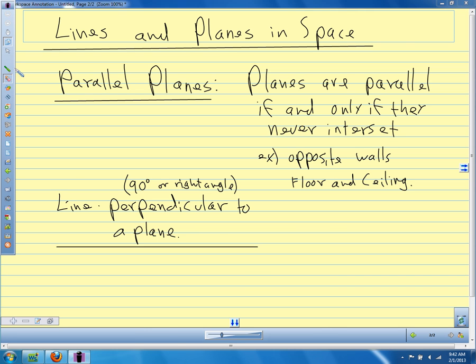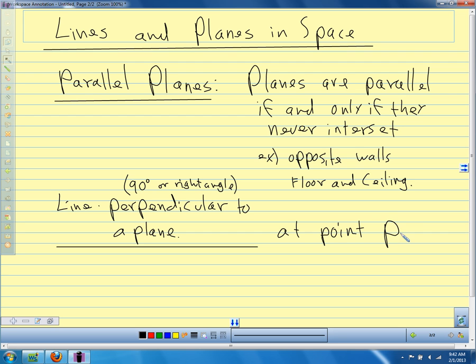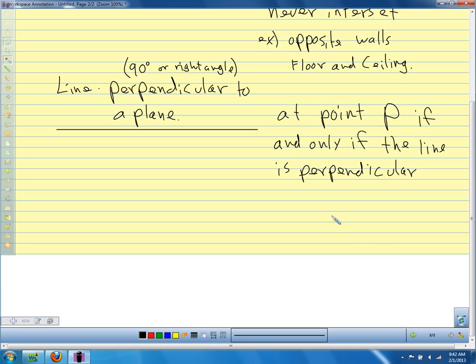So the reason I backed up is I'm going to say a line is perpendicular to a plane at point P, because they have to intersect at some point, if and only if the line is perpendicular to every line in the plane through the point.